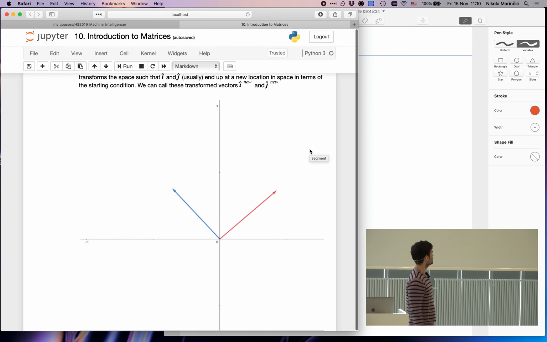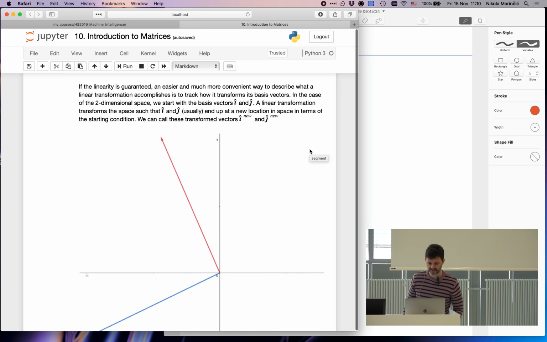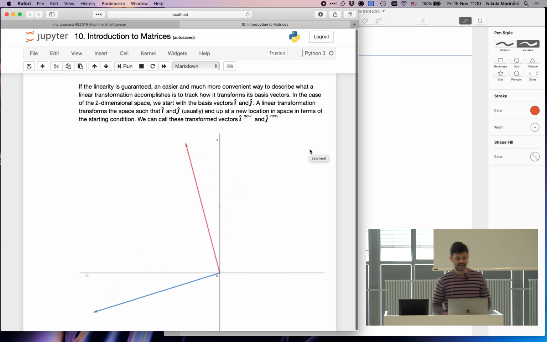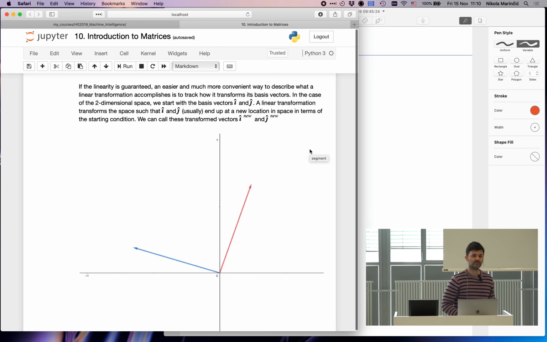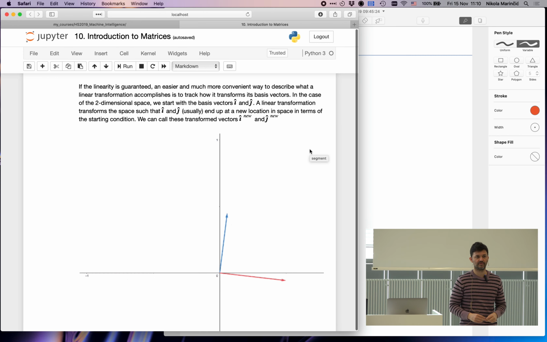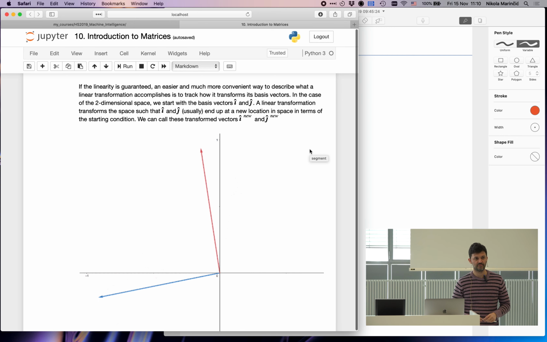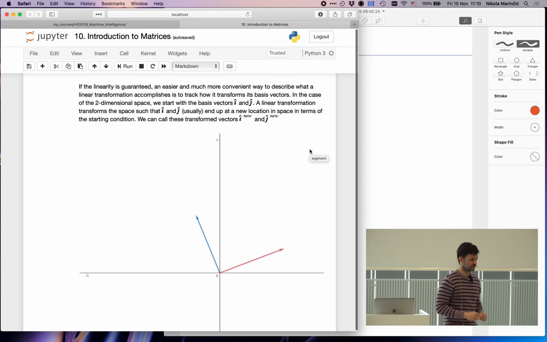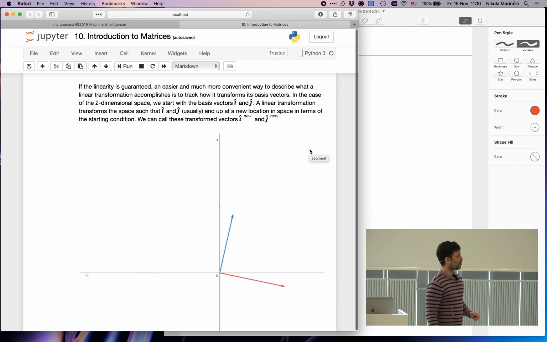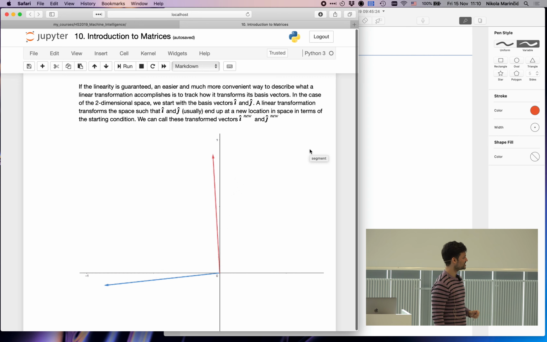Okay, and the nice thing about these linear transformations and matrices is that if you want to describe what happens to the space, if you want to describe a rotation or any kind of transformation of this space, you can do it by using matrices. And the procedure to do this involves only following what these two basis vectors do.